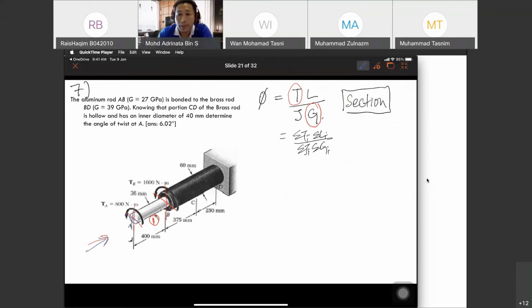Bila ada perubahan material, dia ada perubahan G. So change of G sampai kat sini ada perubahan G. Okay, so this is another section, but the section is the same, section number 1. So itu ada perubahan.